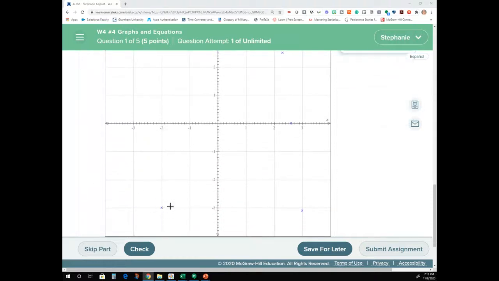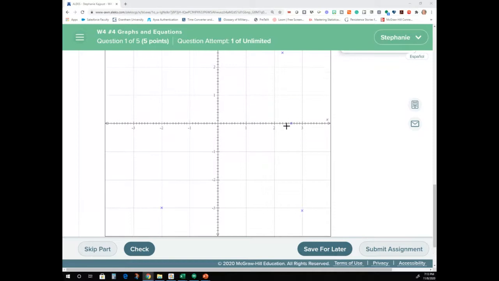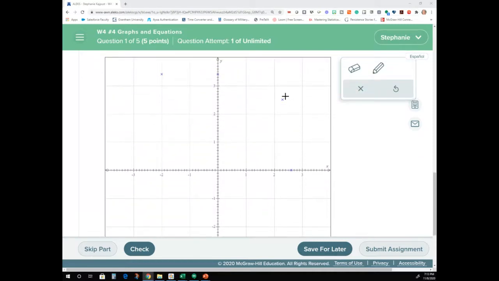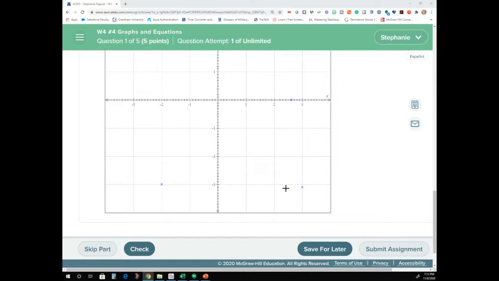Down here, we are in quadrant 3. This here is quadrant 4, and then we have this is on the x-axis because it's on the horizontal line. So we've got quadrant 1, y-axis, quadrant 2, quadrant 3, quadrant 4, x-axis.